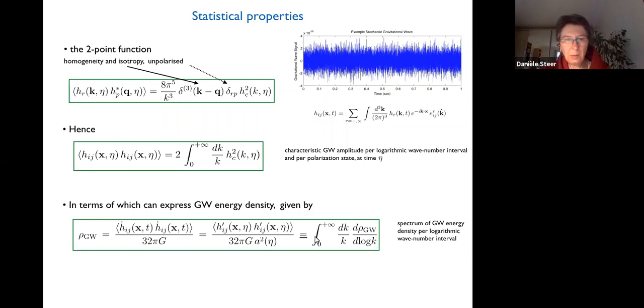And I can rewrite it also as an integral over d log k of the crucial quantity, so the spectrum of gravitational wave energy density per logarithmic wave number. So d rho_GW by d log k, which is a quantity we're going to be trying to calculate for our different observables, our different sources.